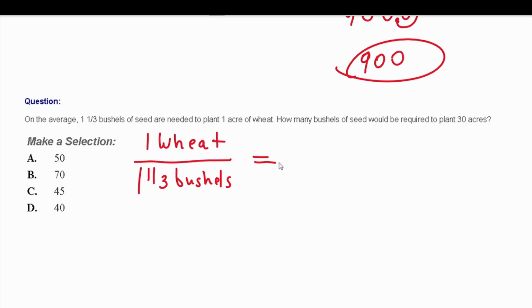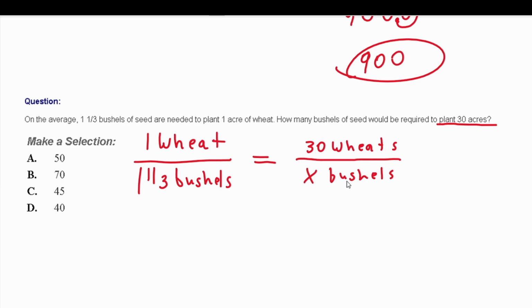Okay, so now that we have the left-hand side of our proportion set up, we can fill in the right-hand side accordingly. Again, we have acres of wheat. So we have acres over here, and we want to know plant 30 acres. So this is going to be 30 acres of wheat here. We want to know how many bushels that's going to yield.